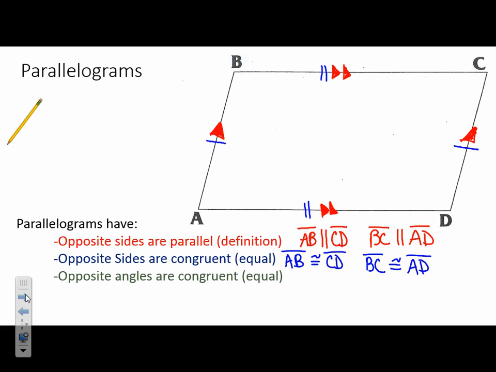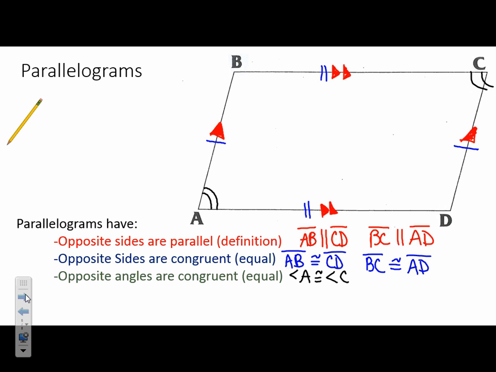So we're going to be looking at angles, the corners of this shape. Now if I was going to mark this, I'd go to my picture and choose, let's say, angle A. I'll put two slashes through angle A. The opposite angle to angle A would be across the shape from it, so that would be angle C. These two angles are congruent, so I would say angle A is congruent to angle C.